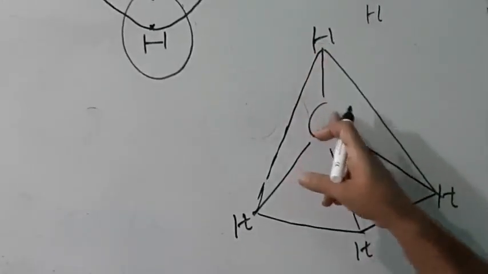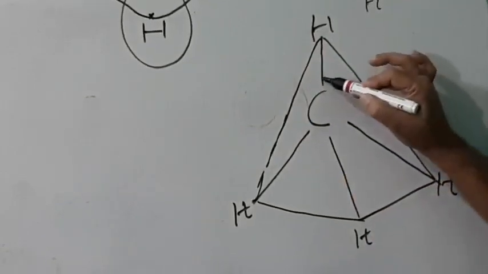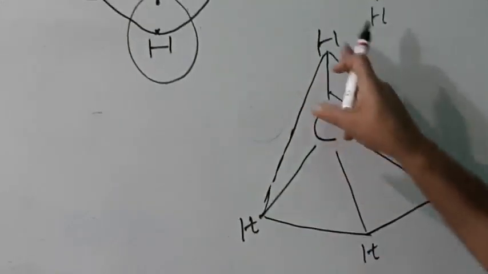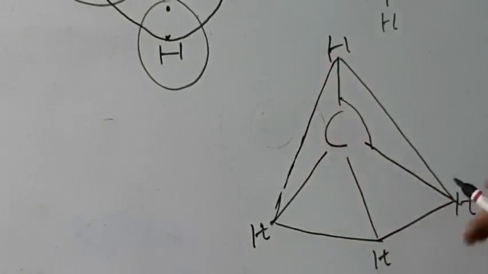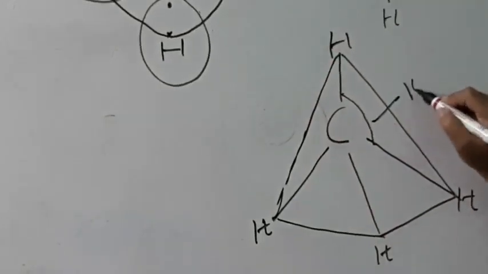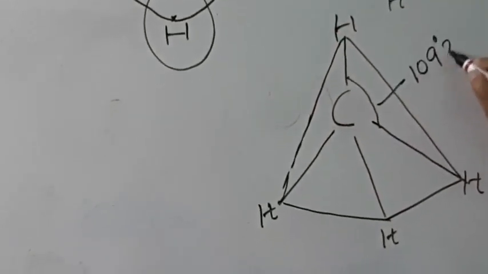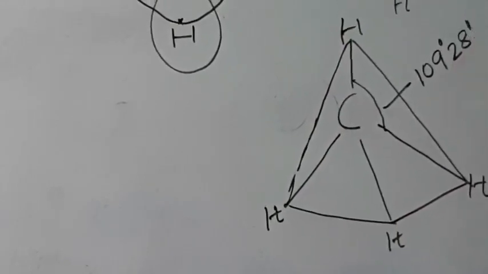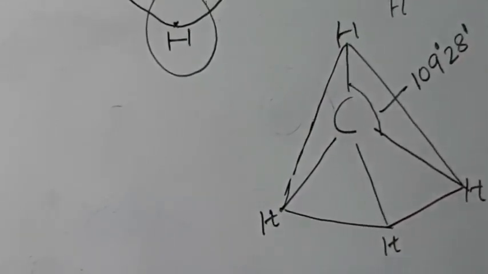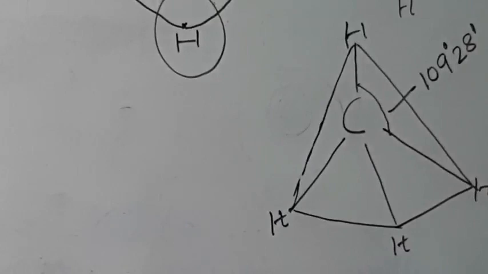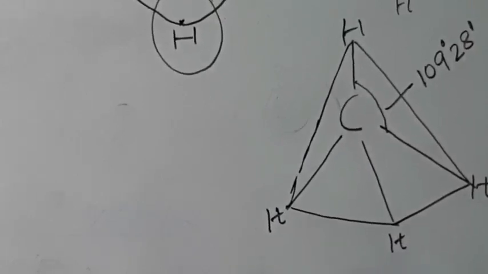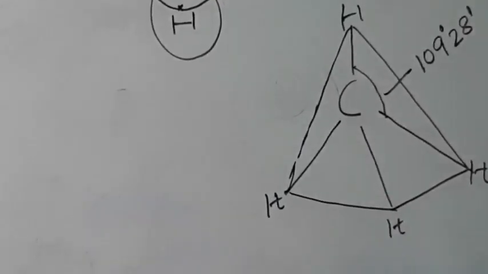The H-C-H bond angle is 109 degrees 28 minutes. As we have already studied in class 9 maths, an angle can be expressed in degrees, minutes and seconds.